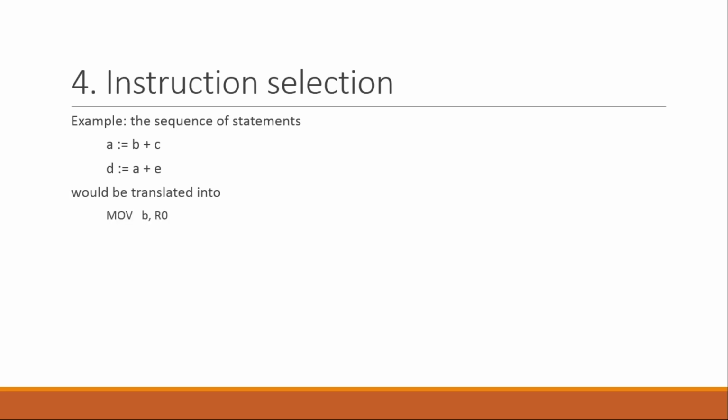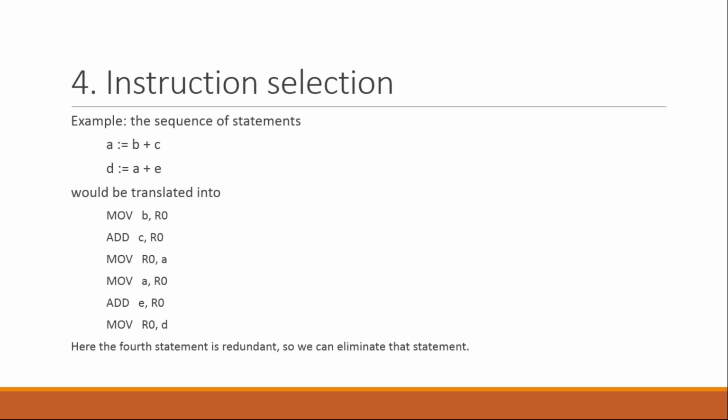So move b comma r0, then add the value of register 0 with the c variable. Now move r0 comma a, right now the value of a is stored in r0. So instead of using r0 comma a, I just delete the sentence move a comma r0, right?